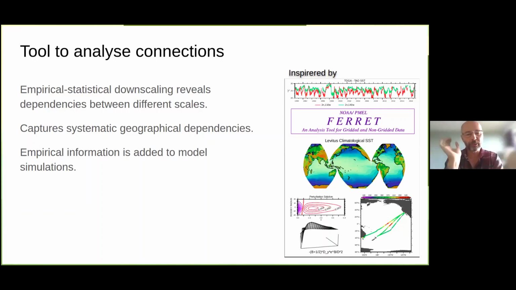But they are very crude, so they give a limited amount of details, and then we can add more information in terms of how the large scales and the small scales are interconnected, and also how the local geography affects the local, say, rainfall statistics or the temperature statistics. So then we add more information, and then we get a more complete picture.